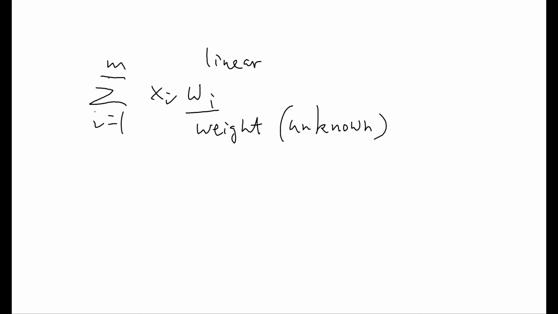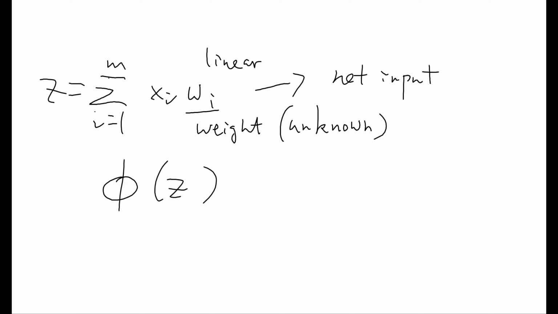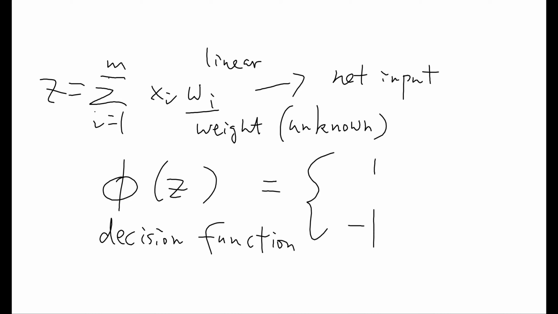In machine learning, we call this the net input, and generally we assign it to z. Then we also have this phi of z, which we call the decision function. The decision function can be 1 or -1, and we call this the unit step.